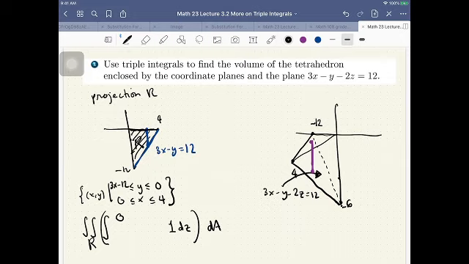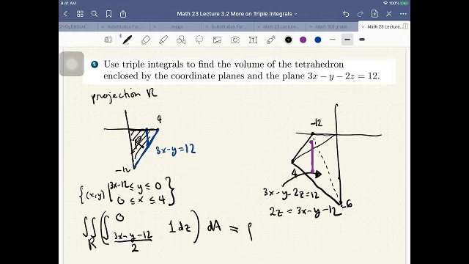So you have 2z equals 3x minus y minus 12. Therefore, if you divide everything by 2, it becomes 3x minus y minus 12 all over 2. That is your intermediate step before going to the fully iterated triple integral.